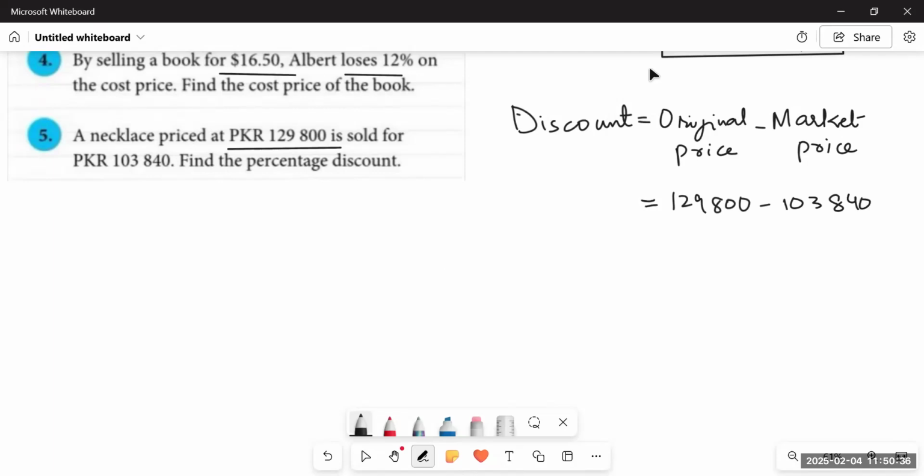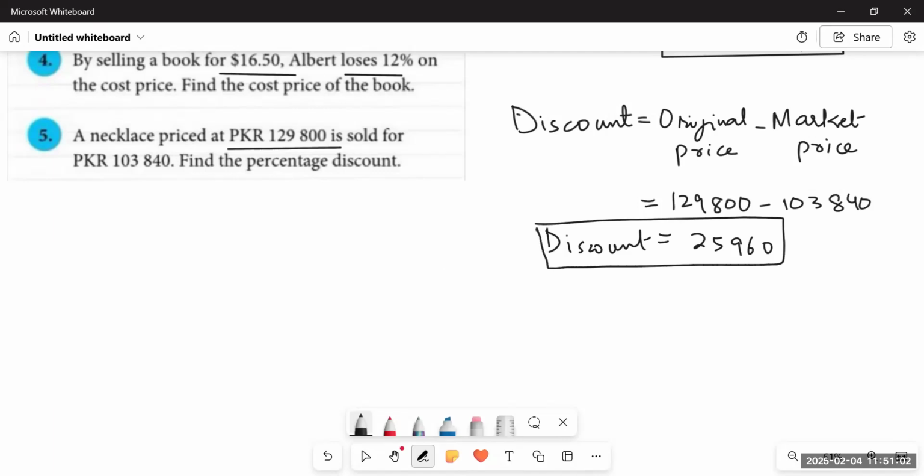It was sold at a lower price, so the difference is the discount. 129,800 minus 103,840 equals 25,960. It means there is a discount of $25,960.